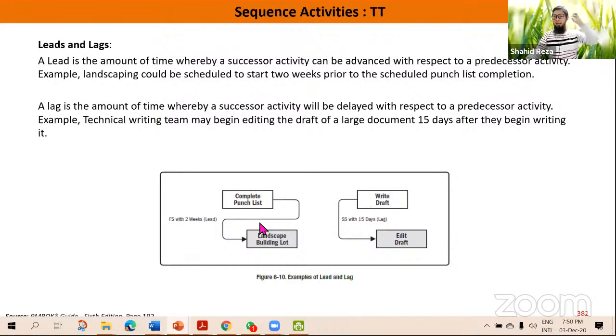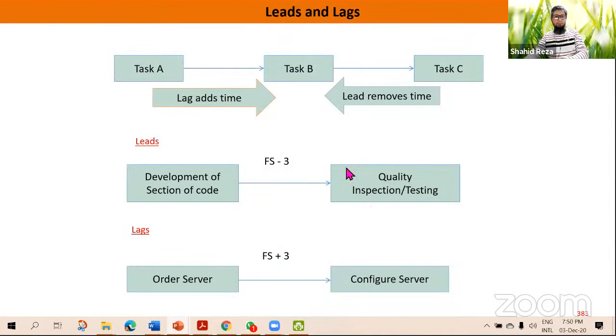But generally in the lag case, it pushes the later activity, the successor activity, by a further duration. So this is lead and this is lag. Lag adds time, total time increases, but lead removes time. That means the total time of doing those two activities will be shortened.